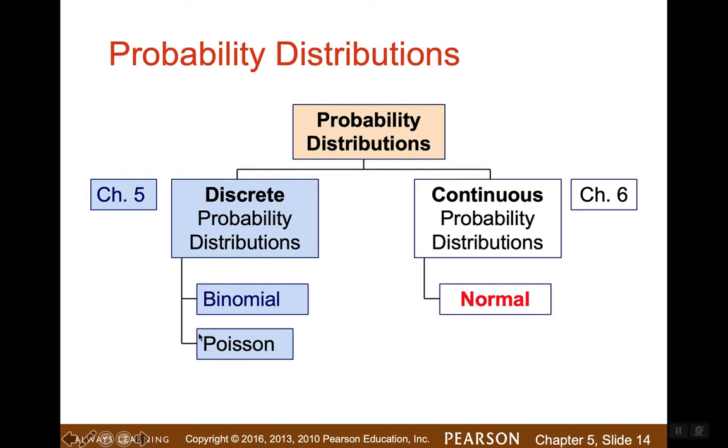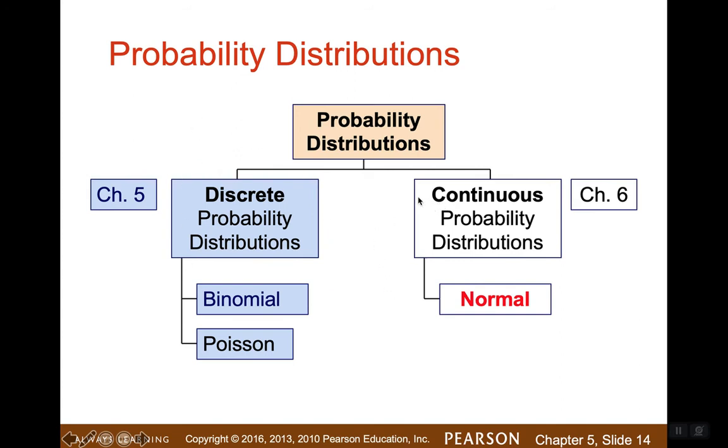And the Poisson assumes there's no limit on the number of tests, so it's like a continuous flow of tests generating discrete values. So that's a description of our discrete probability distributions.